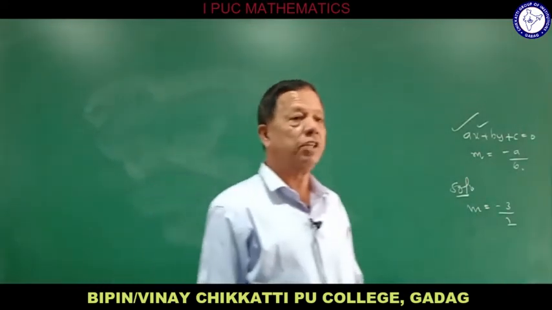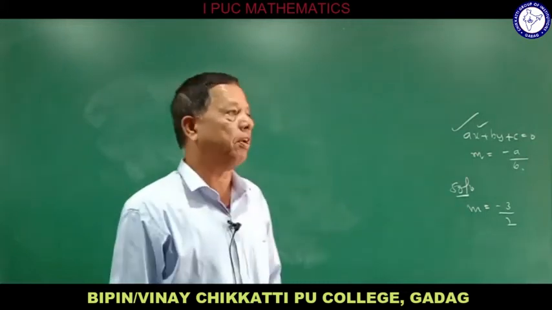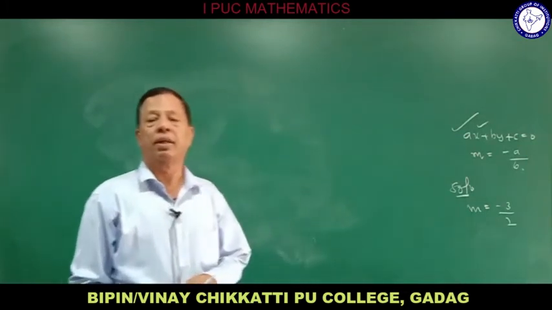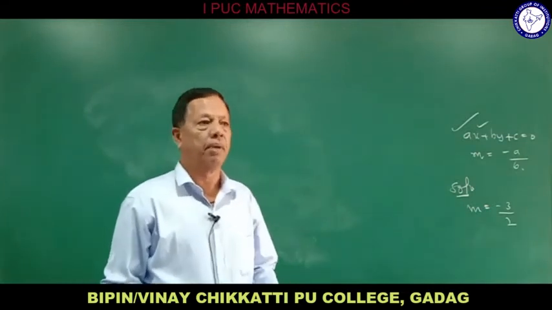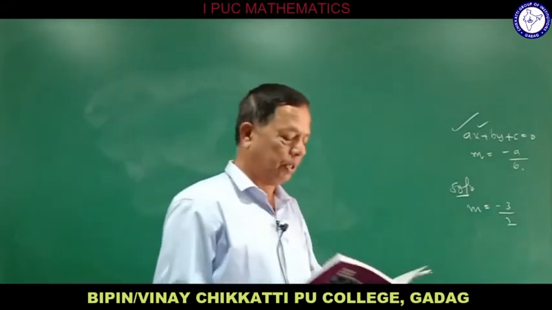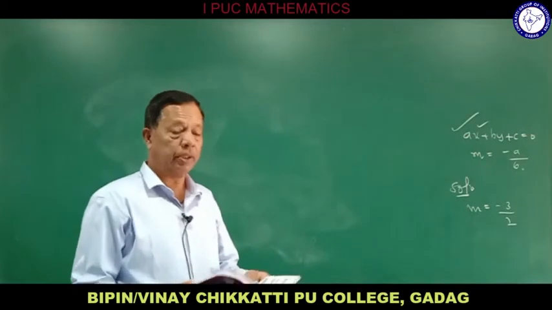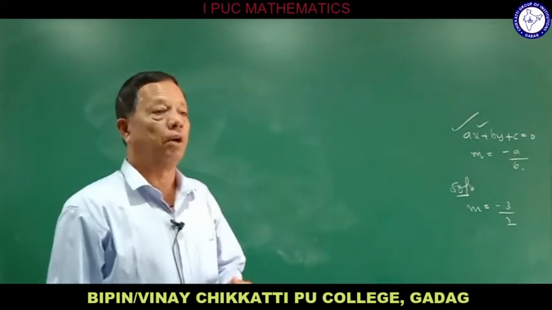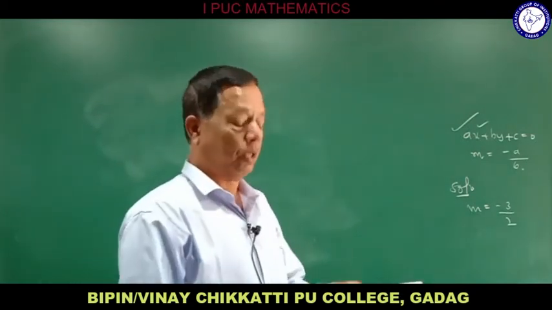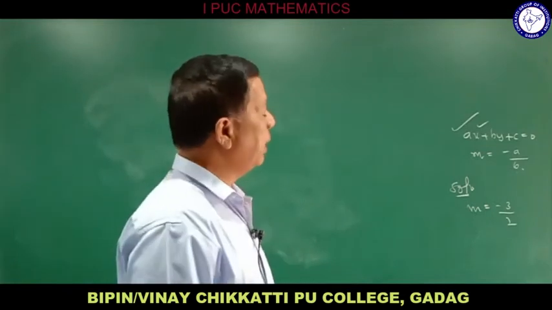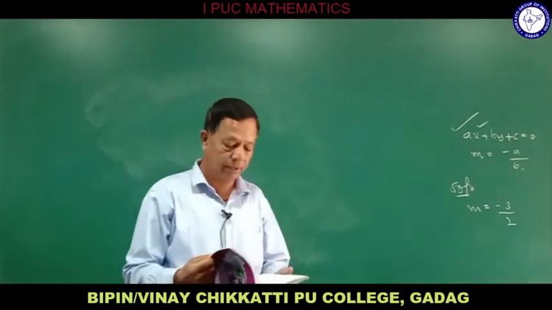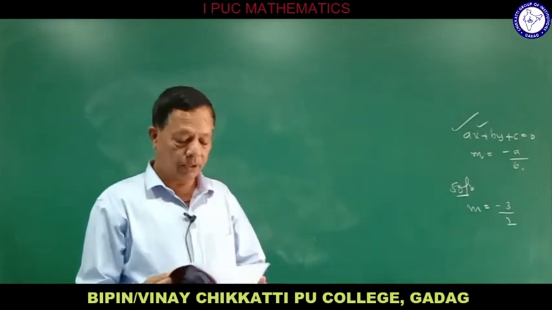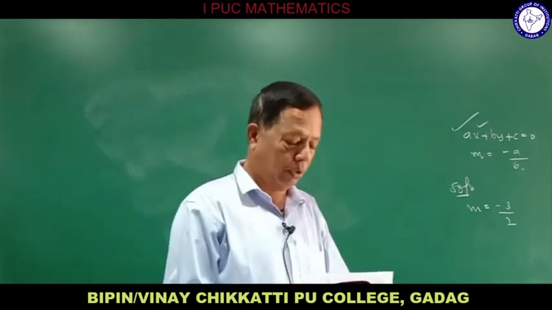If the straight line is given in the general form ax plus by plus c equals 0, its slope is always given by minus coefficient of x divided by coefficient of y. Now I want to see how they ask the questions at various times.